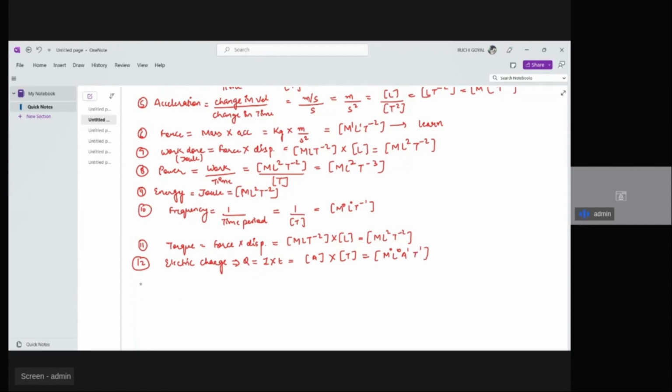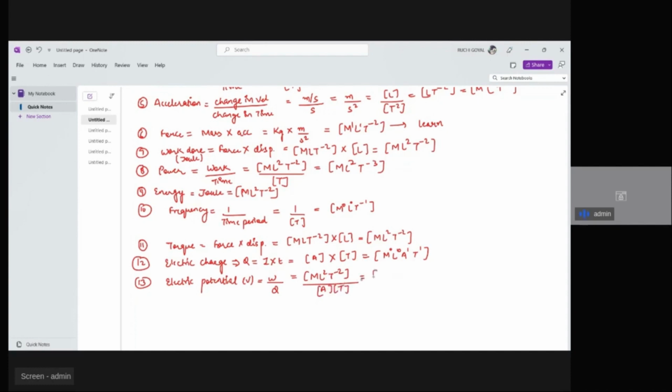Yes. Similarly, we can write electric potential as well. What is the formula of electric potential? V. Yes, it is W by Q. W has dimensions of M L2 T minus 2, and Q is A into T, current into time.